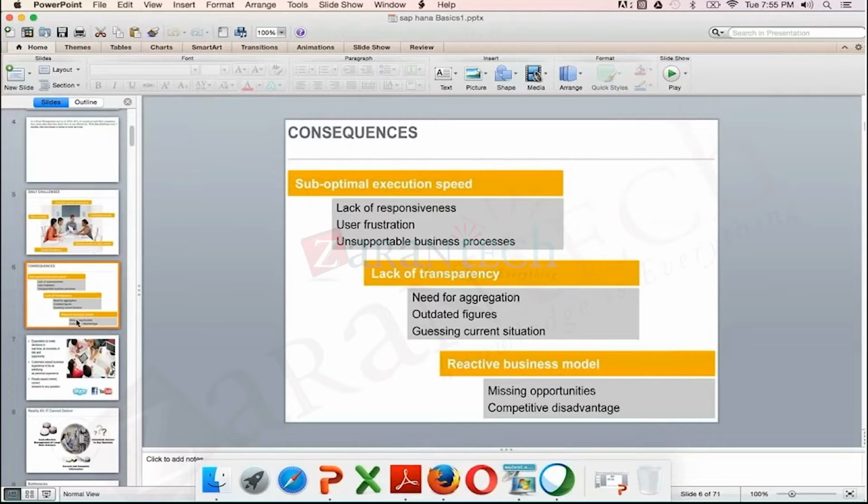We don't have much transparency into what's going on in different locations of the company. Reactive business model. If the company does not have a reactive business model, they cannot take decisions on time. If they are not able to take decisions on time, they cannot sustain in the business. They cannot give very tough competition to their competitors. Their competitors will take away their opportunities.